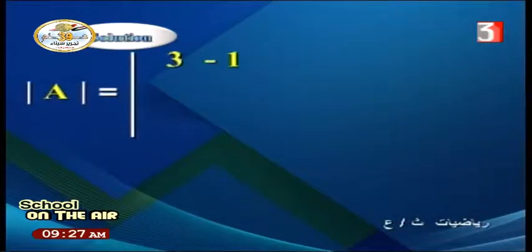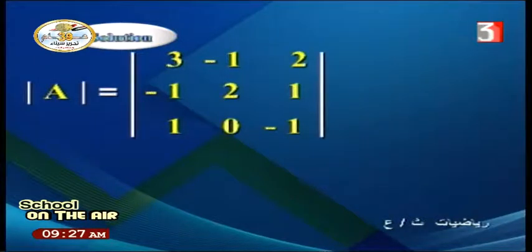How do we find the determinant of A? There are several methods: by using a calculator, by using the first row, second row, third row, first column, second column, third column. Properties of determinant: we have 9 properties of determinant to calculate its value, or by using the diagonals method.